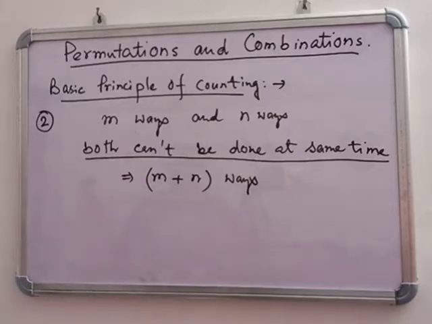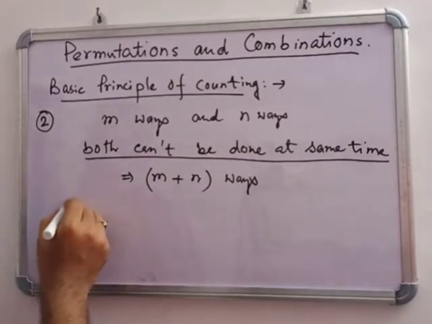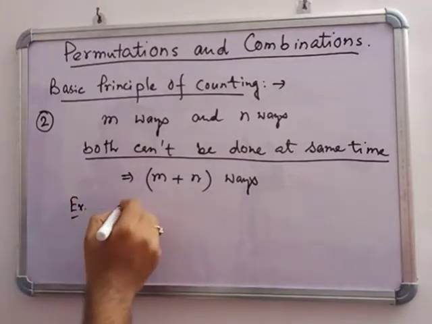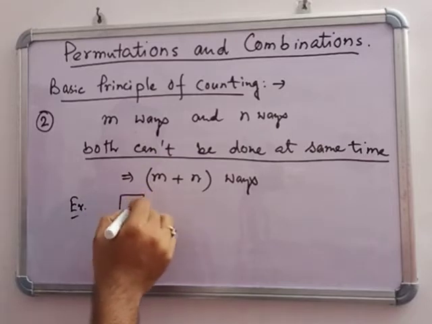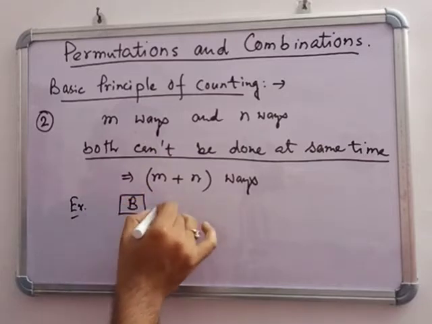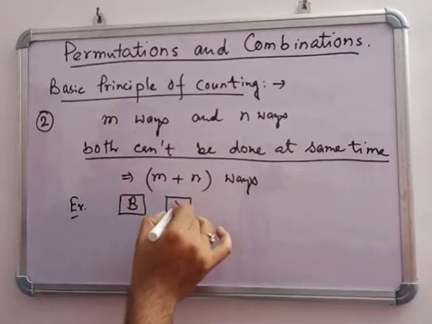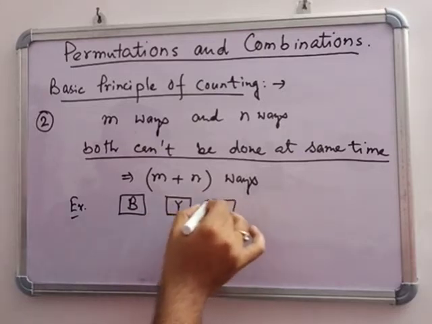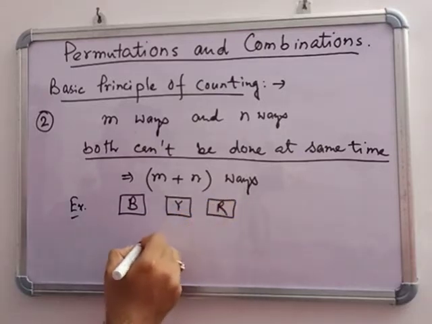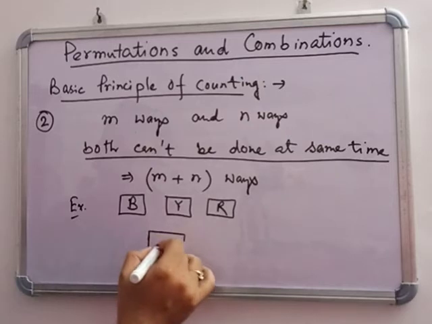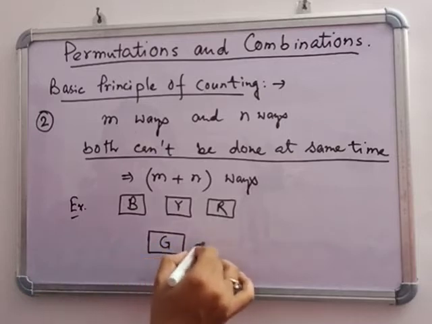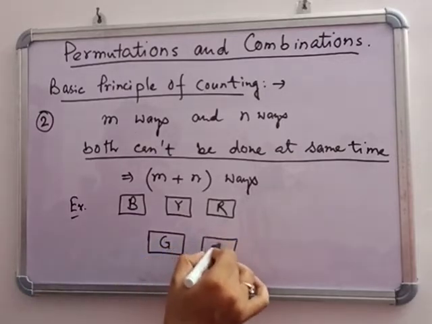Now see, for example, the same bottles you have, black, yellow and red, and 2 tiffin boxes, that is green and saffron.